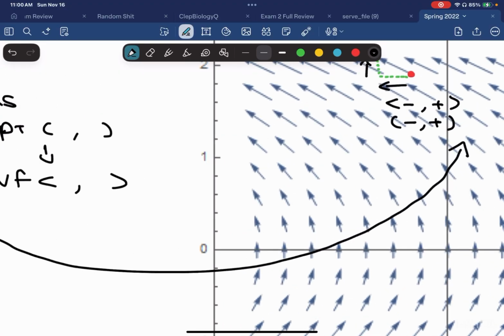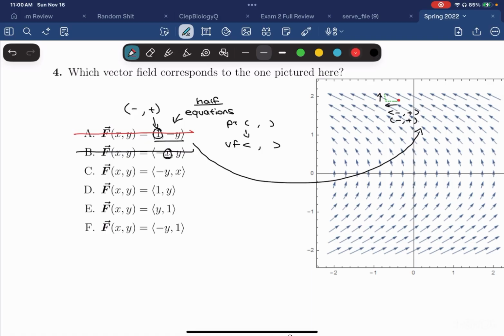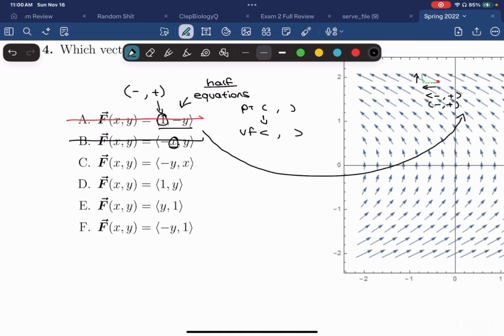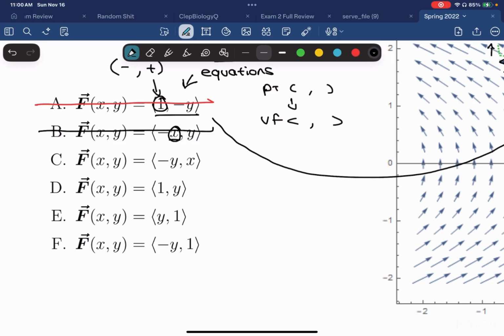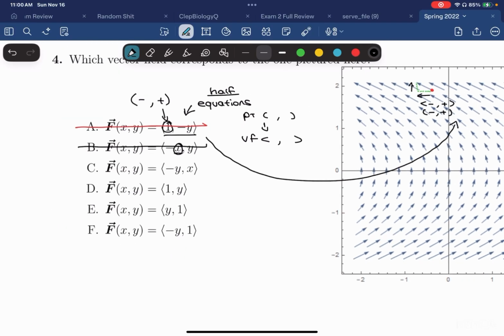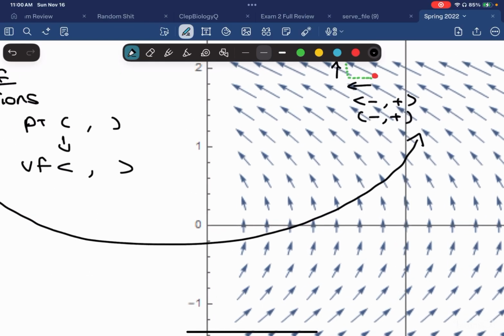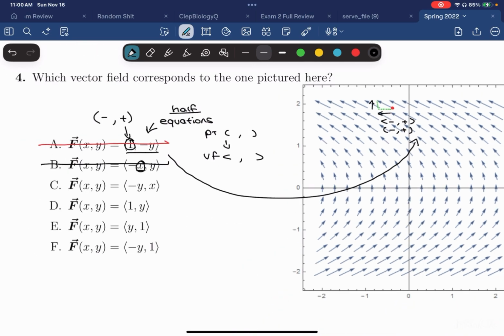Okay, let's look at C. C has negative y and x. If we plug in our positive y point, you get a negative x vector, which is right. And if you put in x, our x is a negative point, which means you get a negative vector, which is wrong.